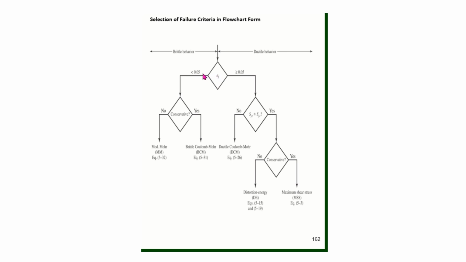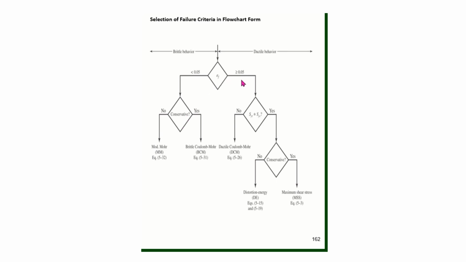And if we're less than 0.05, we are a brittle material, and we would come down and look at if we want to be conservative. And if we want to be conservative, we'd use the brittle Coulomb-Mohr theory. If we didn't want to be conservative and closer, we'd use the modified Mohr failure theory.